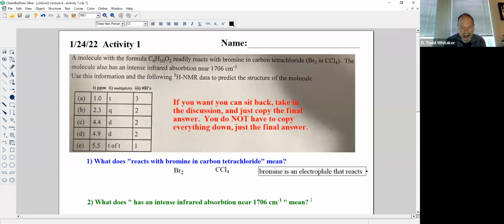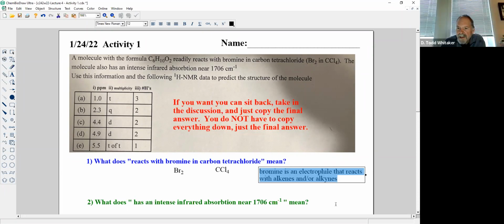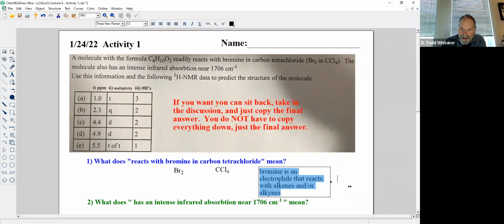I know it's off screen, I'll fix that. I don't know if I can fix it because my picture's in the way here. Yeah, there we go. Get that off screen a little bit. There we go. So there's the answer to the question.